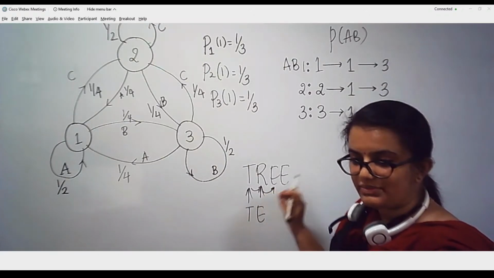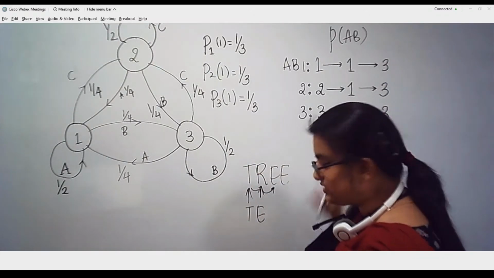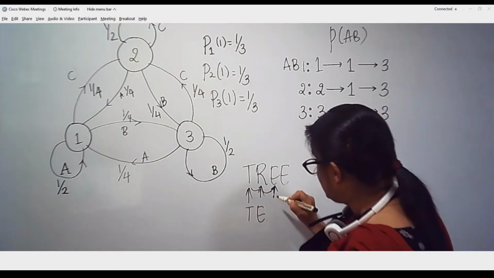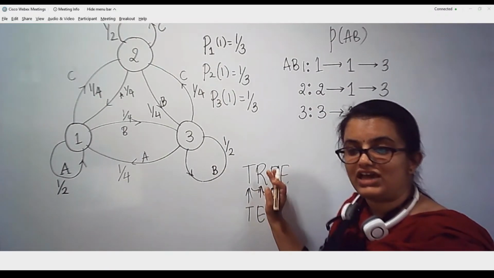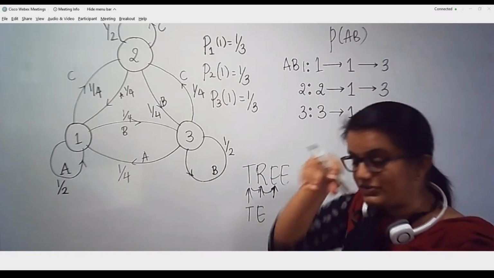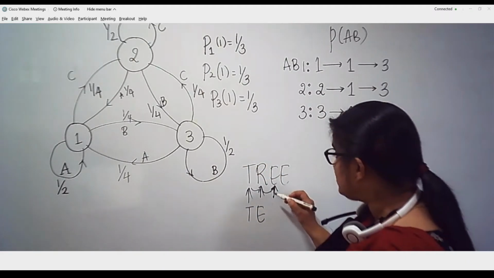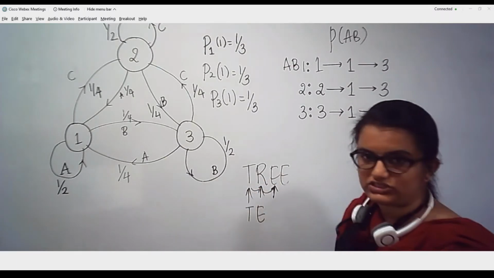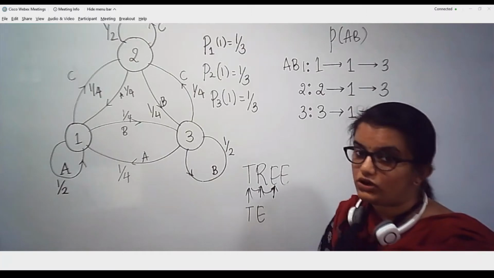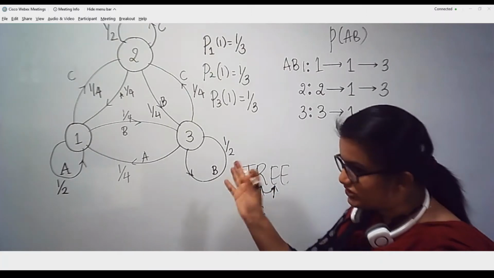Whatever message you are trying to convey, the present symbol will only depend on the preceding one symbol or preceding one alphabet. It will not depend on the previous 2 bits or 3 bits.